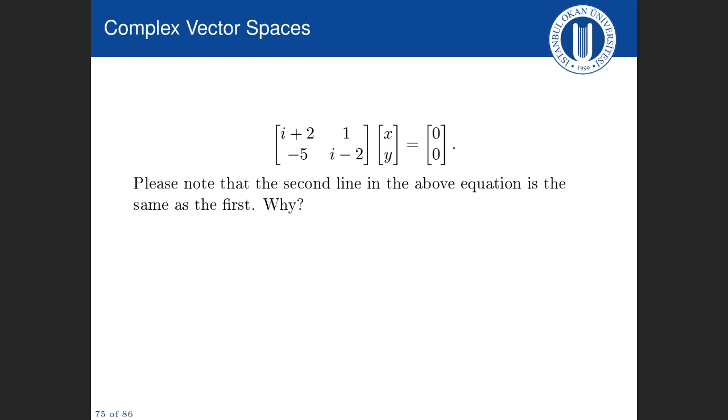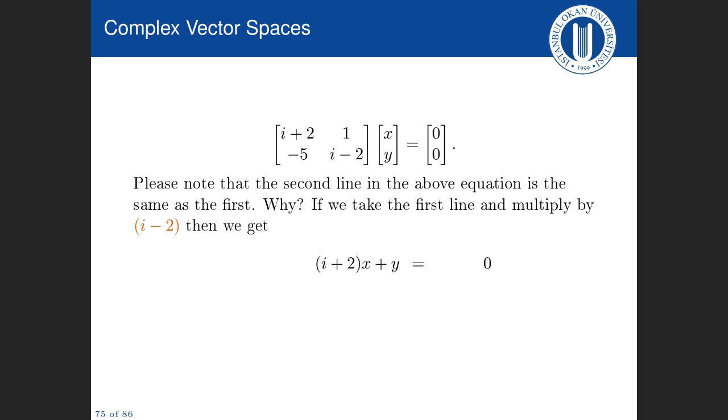In other words, the second line in this above equation must be the same as the first. But why? Well, because the first line says (i+2)x + y = 0. And if we multiply this by i − 2, why? Because I want to go from 1 to i − 2. So I'm going to multiply by i − 2.